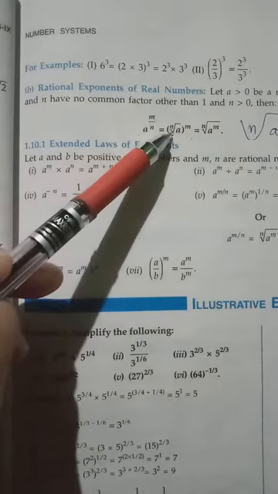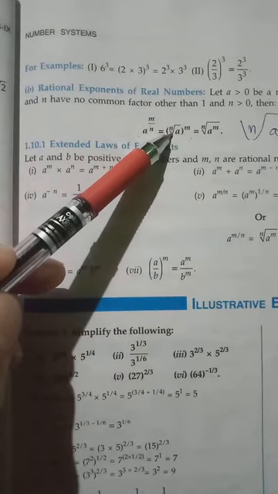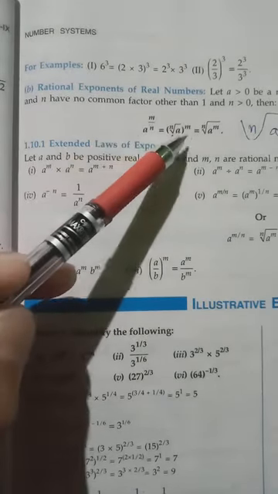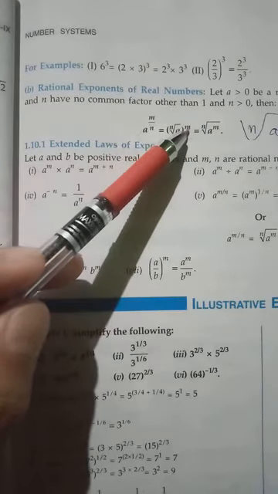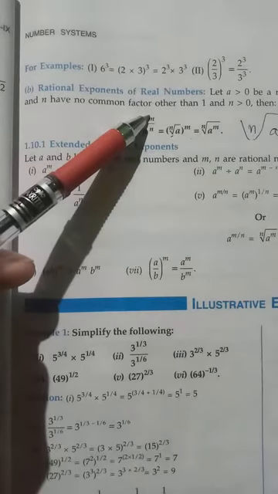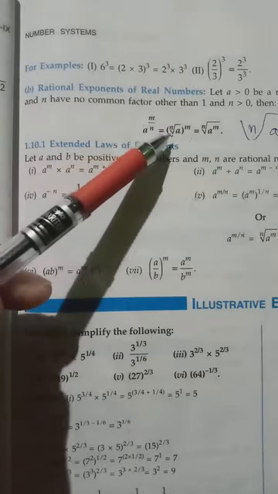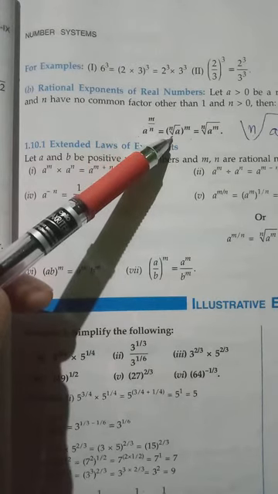Here you can see this n which you write down means the order of the radical. And this m will be the power of the radicand. Okay, the one we write up is the power of the base. The one we write down is the order of the radical.